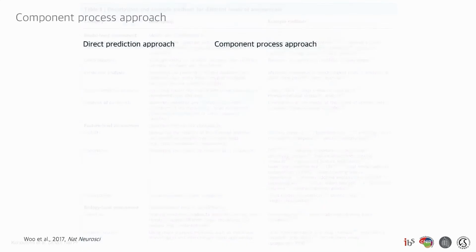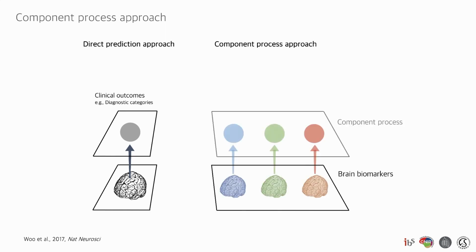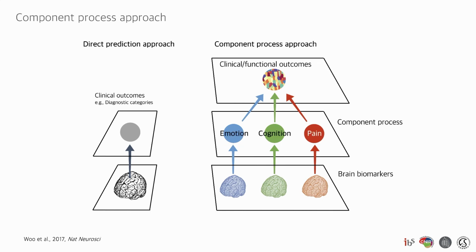One last proposal is the component process approach. The direct prediction approach uses the neuroimaging features to directly model clinical outcomes. But in the component process approach, we can first model the component processes that are more closely linked with brain functions, and then use them to model more complex clinical outcomes.